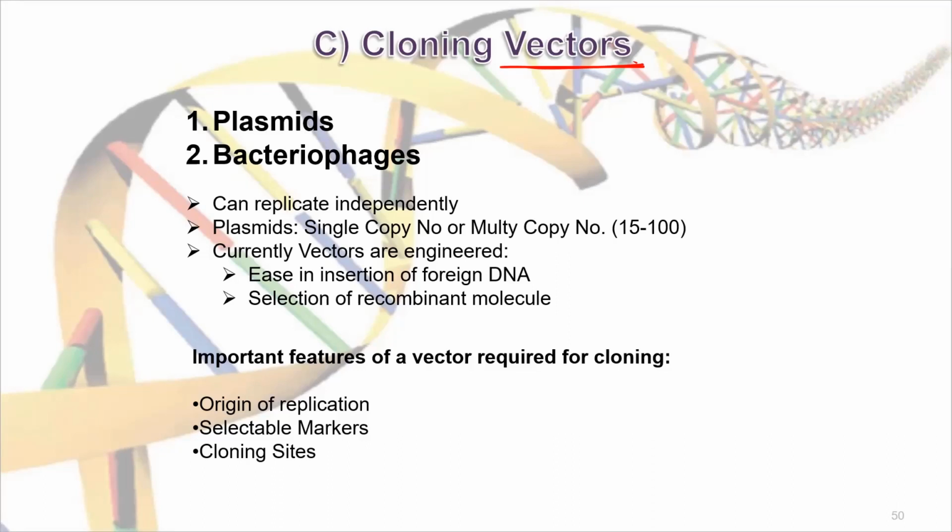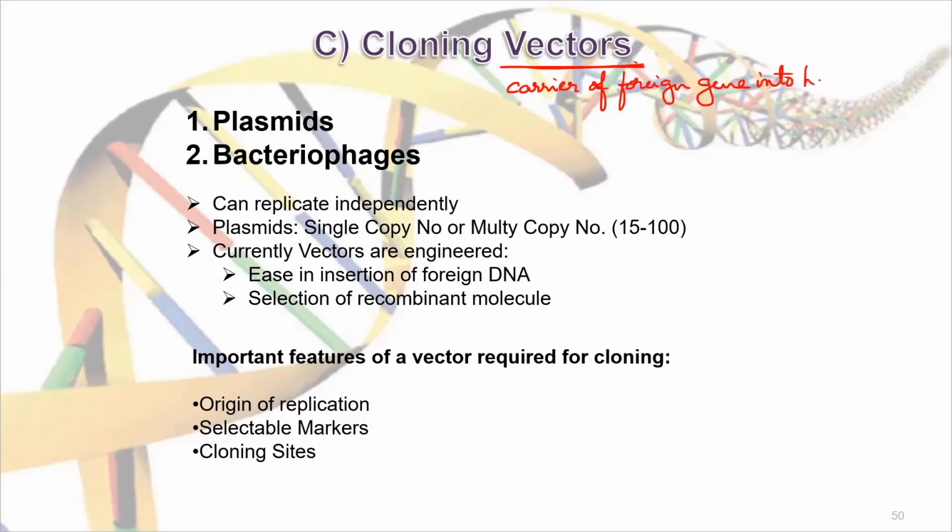Now the point is, when you put the human gene inside bacteria, the bacteria will not accept it. To make the bacteria accept that particular gene, you need a vector. This vector will be a kind of carrier of the foreign gene. So this will carry the foreign gene into the host.